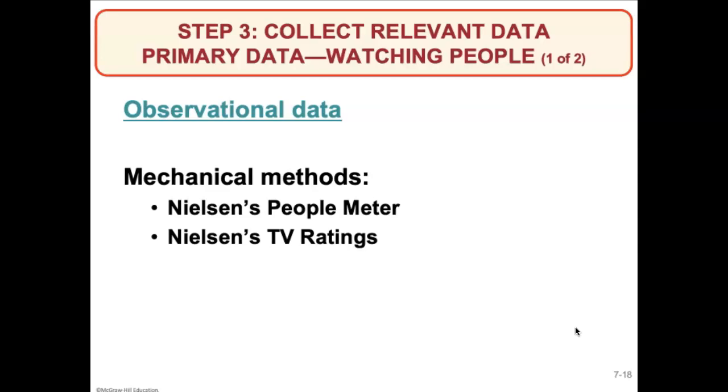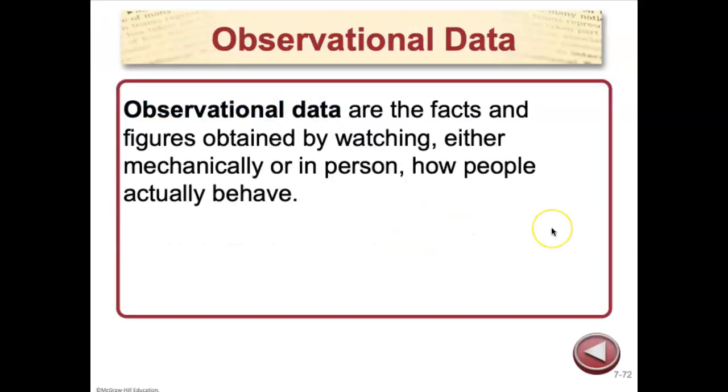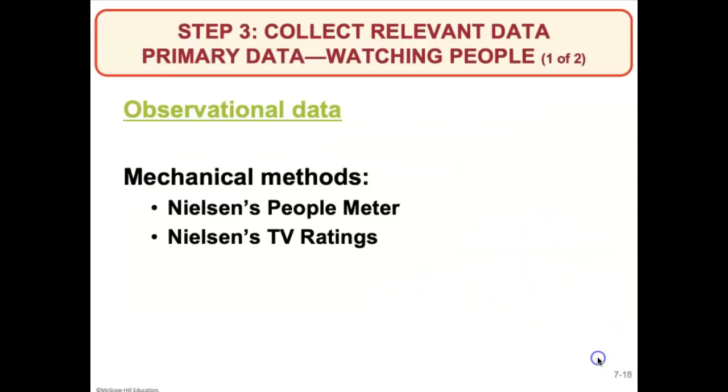What places do they visit? How do they interact with products? How do they interact with the salespeople? So as you look at observational data, these are facts and figures obtained by watching, either mechanically or in person, how people actually behave.